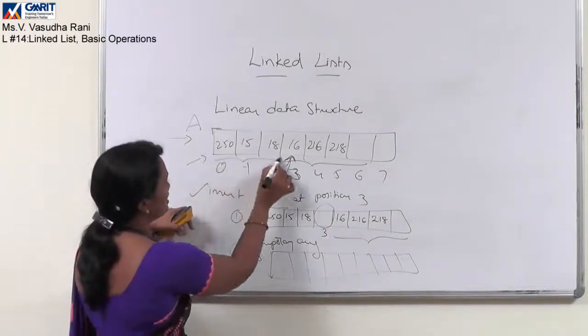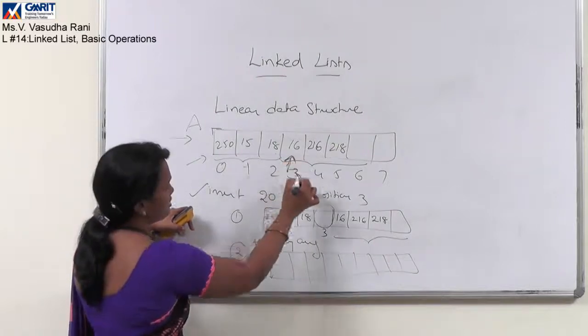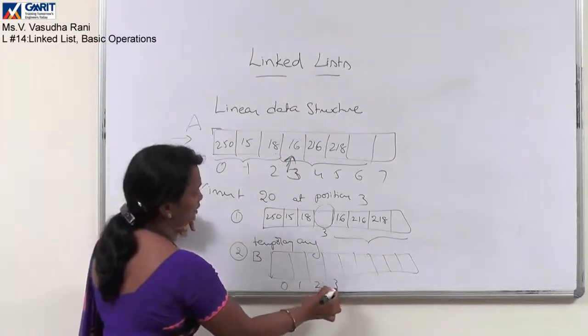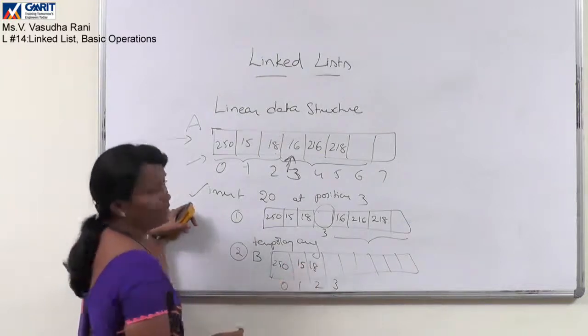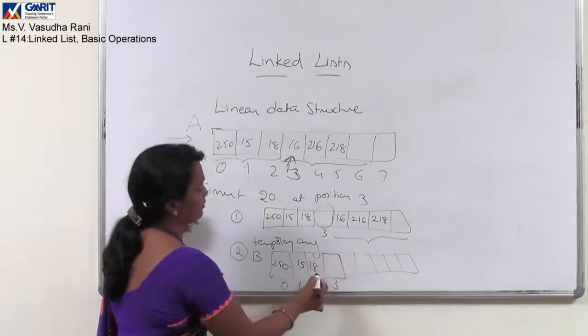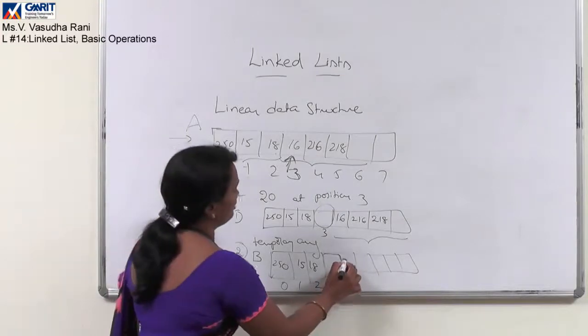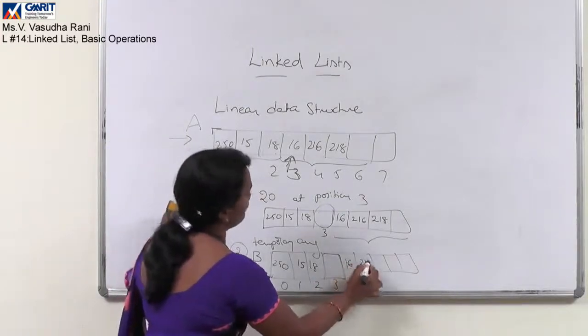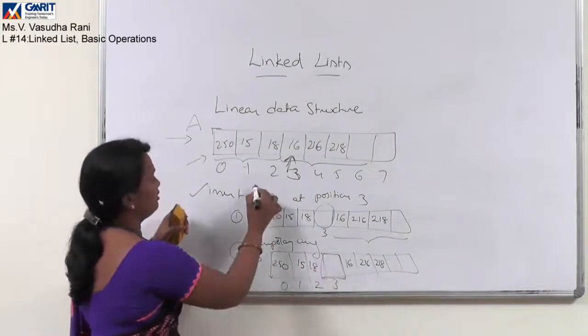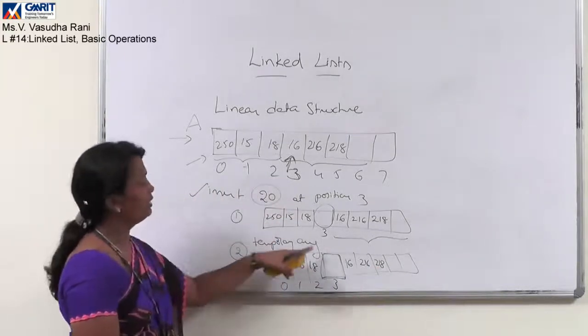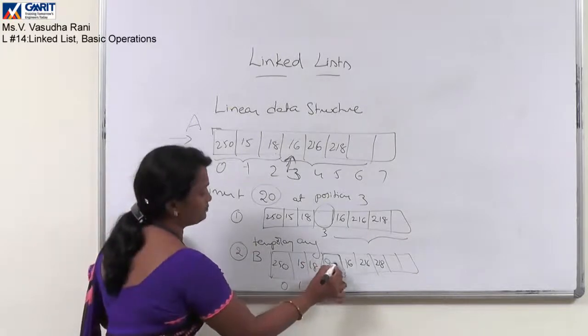Here, as we want the third location empty, we'll copy the first 3 elements here, keep the third location empty, and then copy the remaining elements, so that it is possible to insert this 20 here.